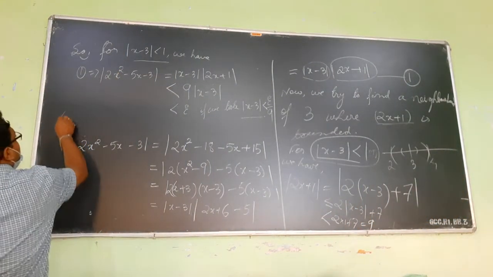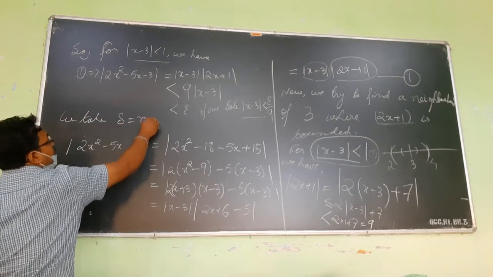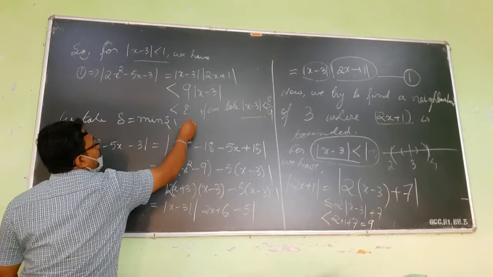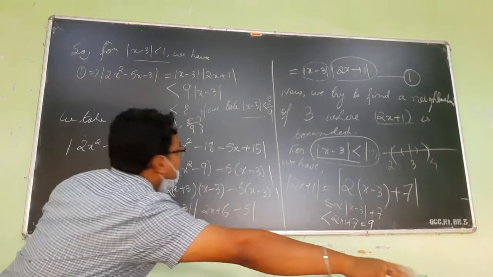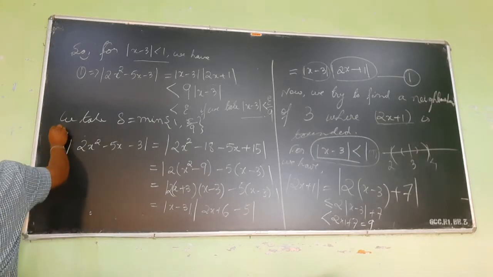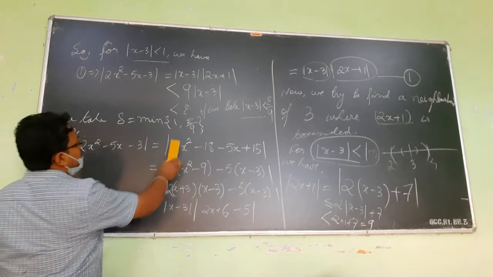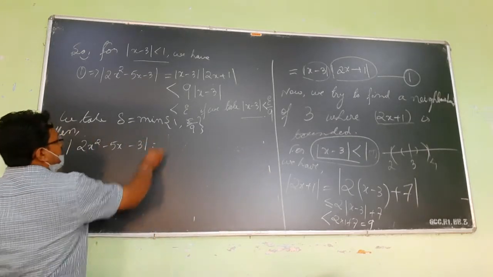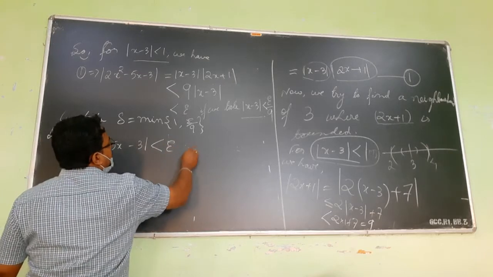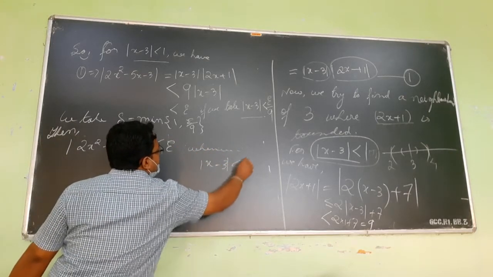So we take delta as minimum of 1 comma epsilon by 9. Then if we take delta as minimum of 1 comma epsilon by 9, then mod of this will be less than epsilon whenever mod of x minus 3 is less than delta.